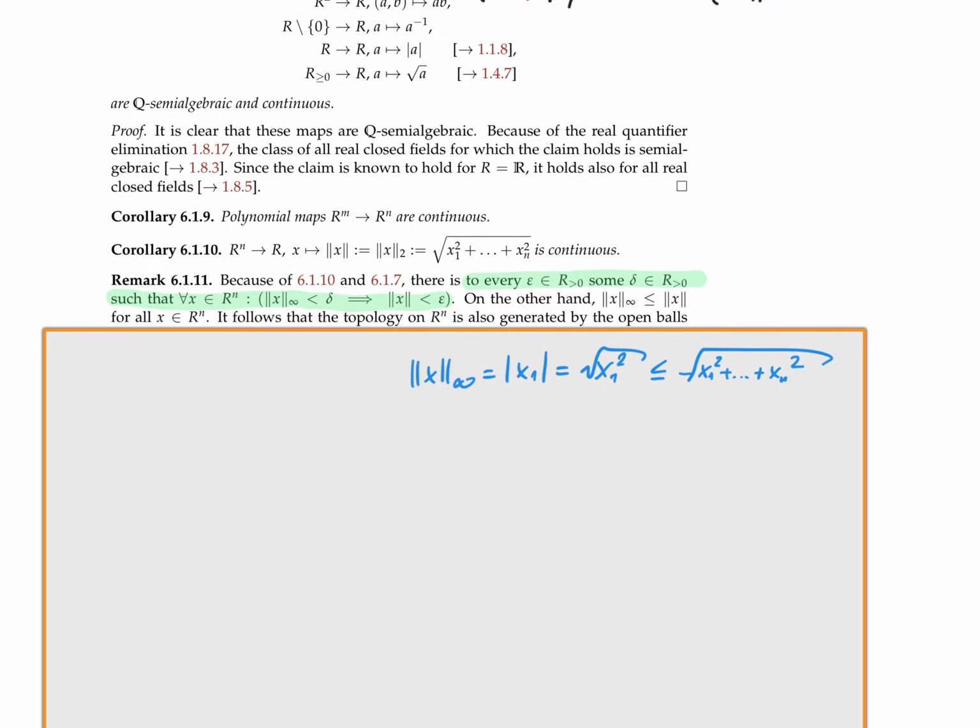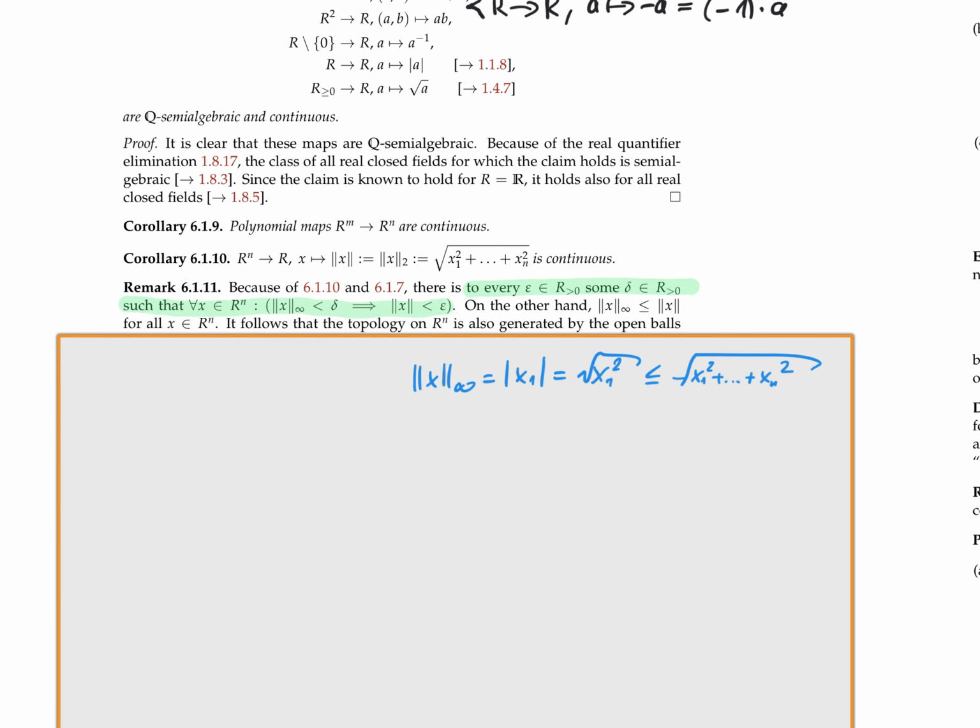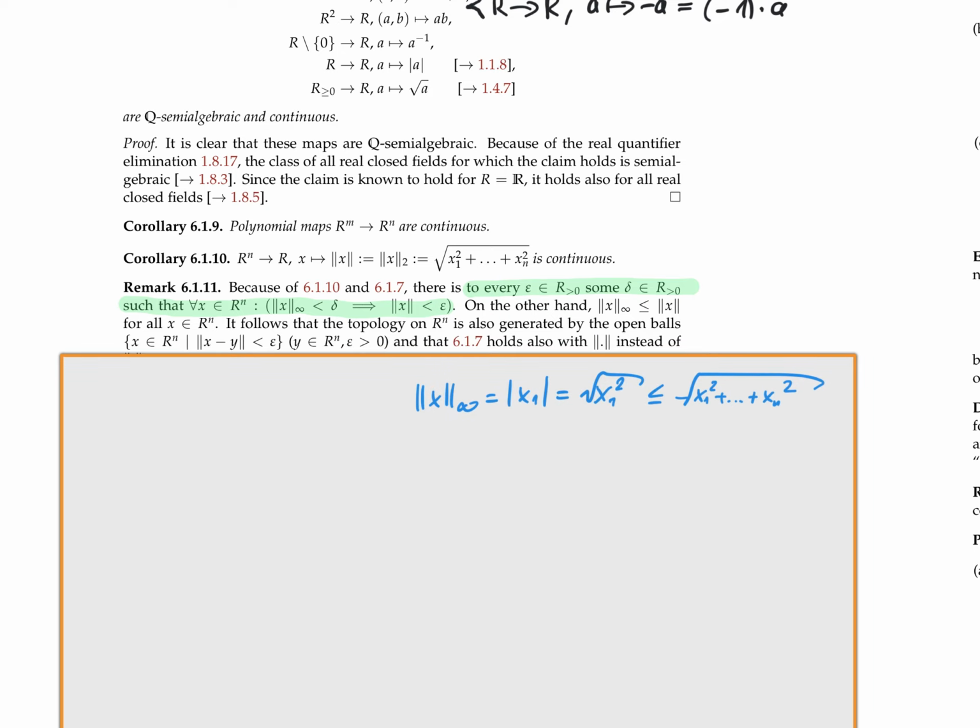And yes, so it follows that the topology on R to the n is also generated by the open balls with some positive epsilon, where epsilon is now in this real closed field, not necessarily a real number, of course. So a ball with radius epsilon around the center y, right?